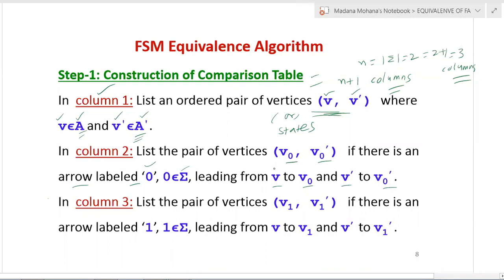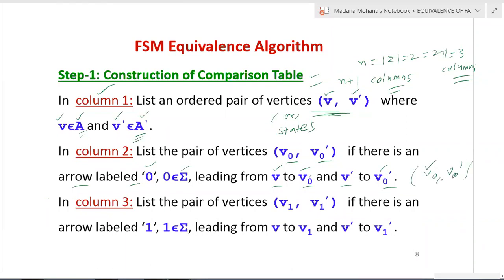Nothing but from vertex V on input 0, there is a transition going to another vertex or state V naught. That is one pair. Then from V dash of machine 2 with input 0, it is going to V naught dash. Now the pair becomes V naught comma V naught dash.